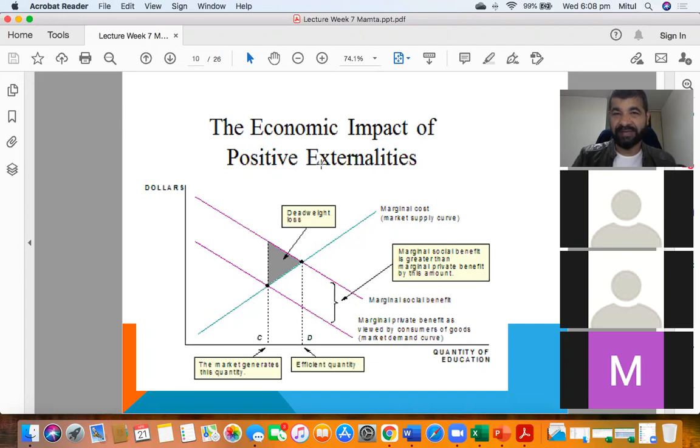This is positive externality. So tell me now, is this the consumer side or the producer side? Is it consumer perspective or producer perspective? Can anybody tell me?